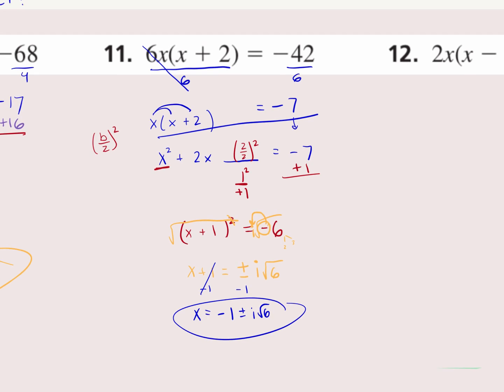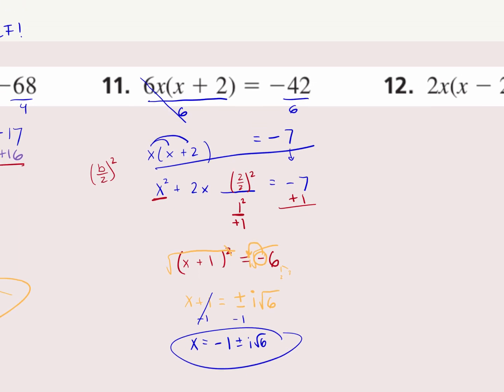So for this question, we just had to divide the number to start. So we divided the number out front, and then the second step was distribute. So this had just 2 additional steps before we could actually go in and complete the square.